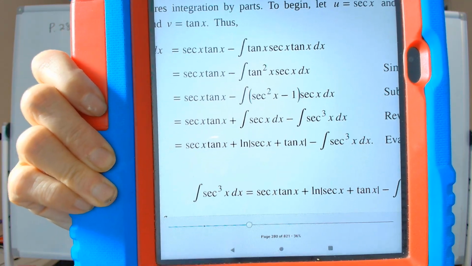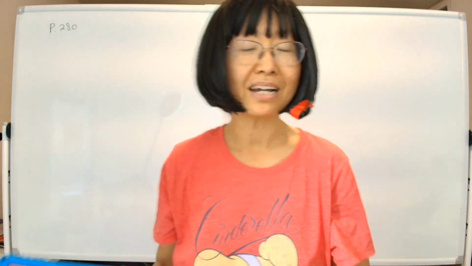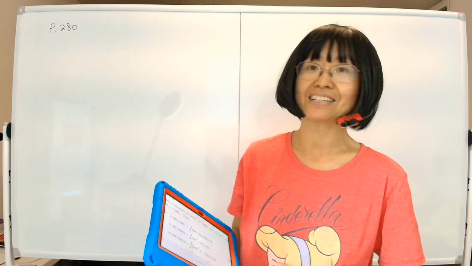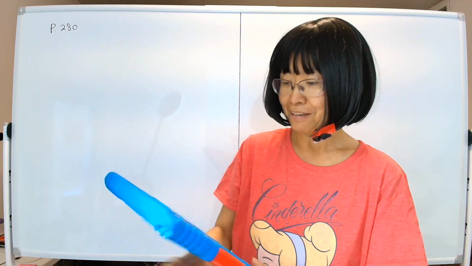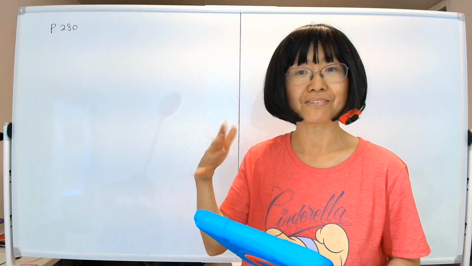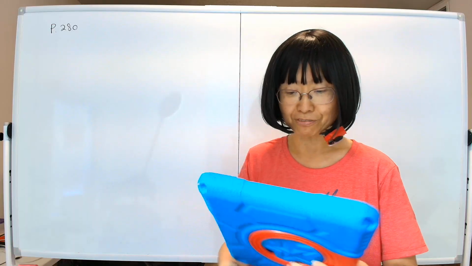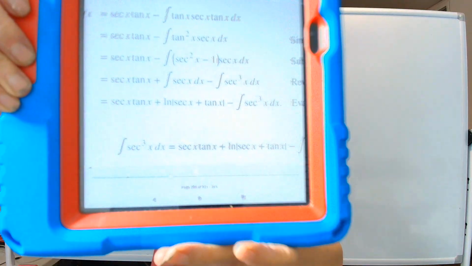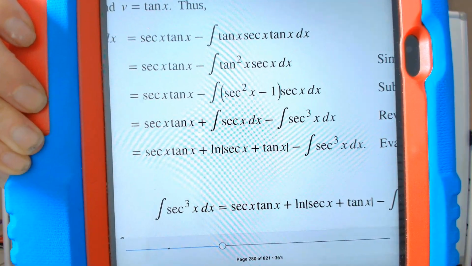Now, in the meantime, you still have to integrate secant x dx. As you remember, a little earlier, we did integrate secant x with a trick, right? And your book didn't bother to explain that, but it's true. There's a formula for it, and the integral of secant x, as mentioned a few pages earlier, is the natural log of secant x plus tangent x.